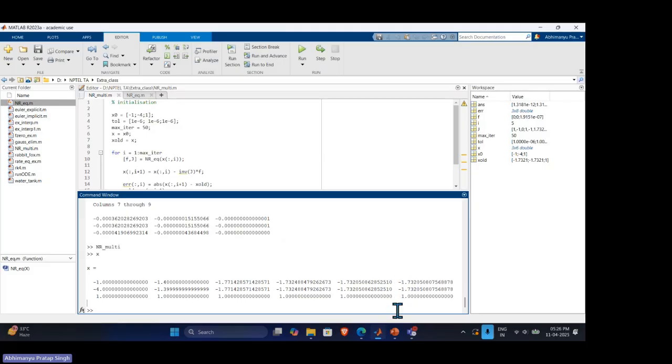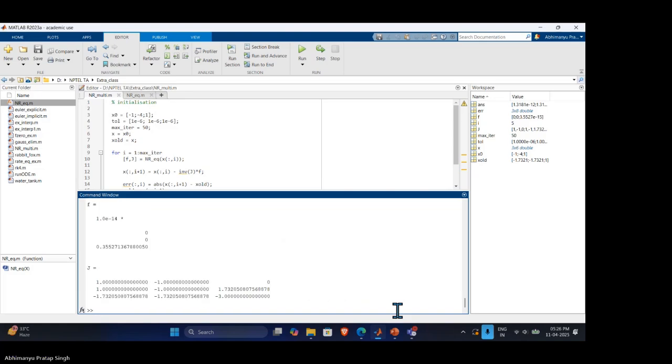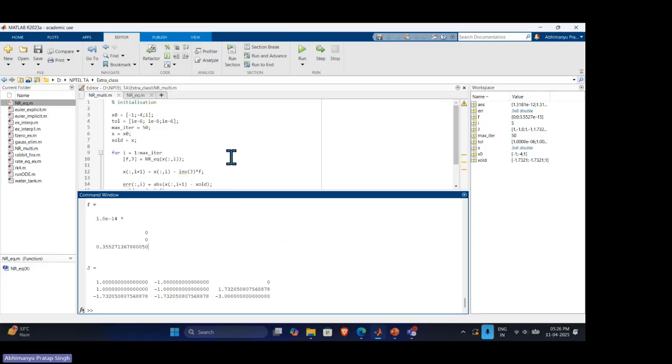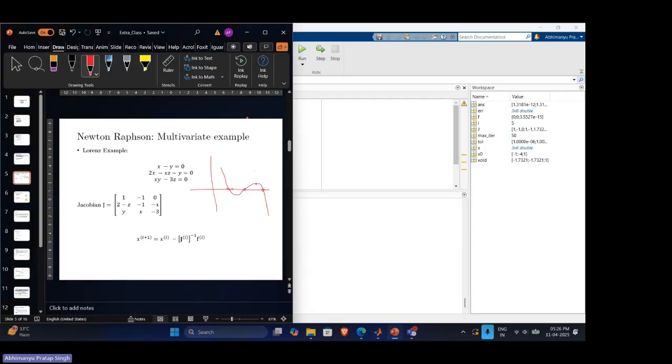If I put this into that NR function, you see I'm still getting a 0. That means minus root 3, minus root 3, and 1 is also one of the solutions. So this is basically Newton-Raphson.